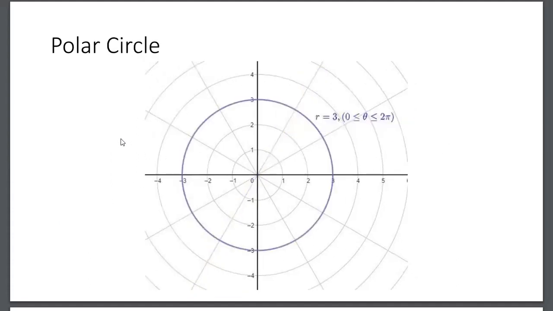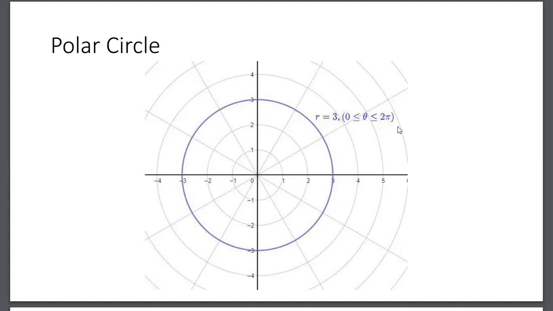A polar circle. Simple equation. r equals 3. In this case, as long as r is 3, it doesn't matter about theta, you get a circle. Again, infinitely many points, continuous, smooth, orderly.